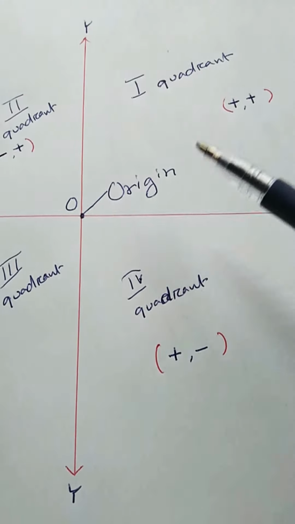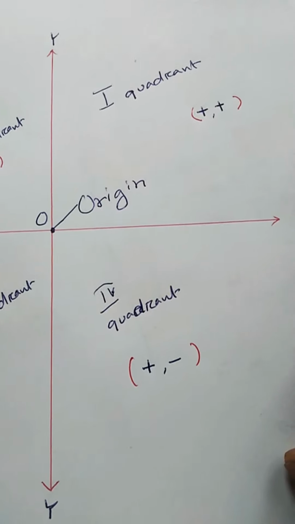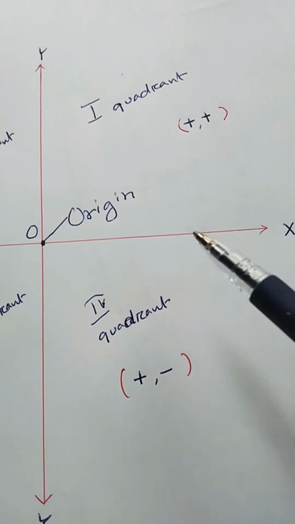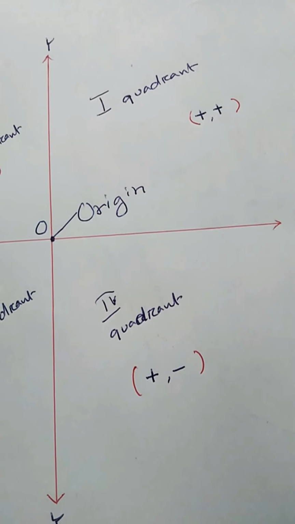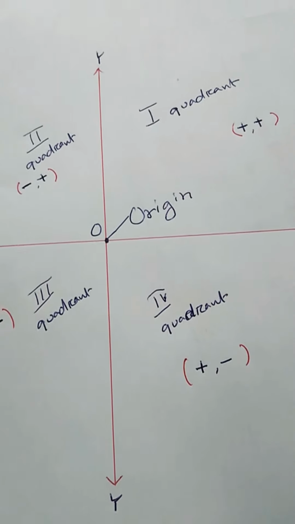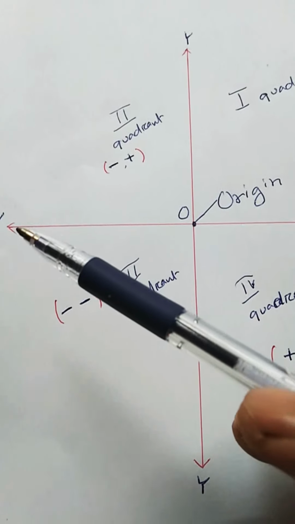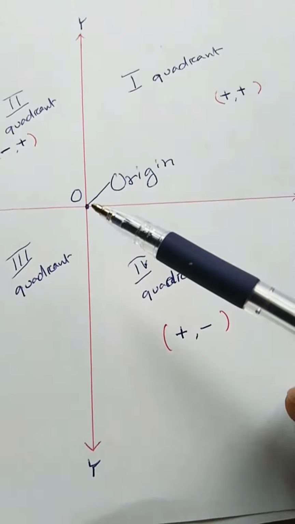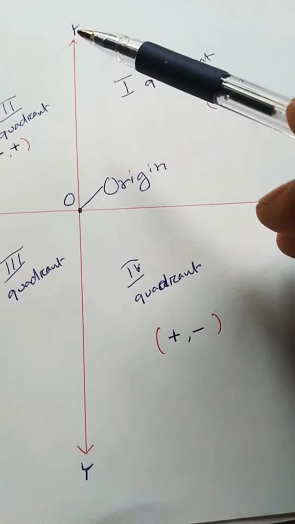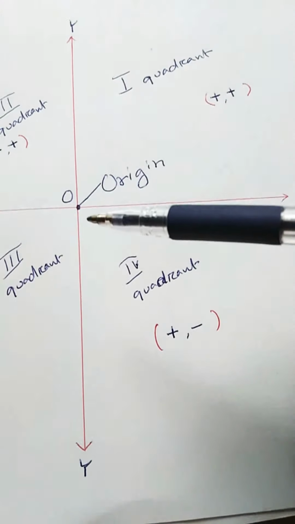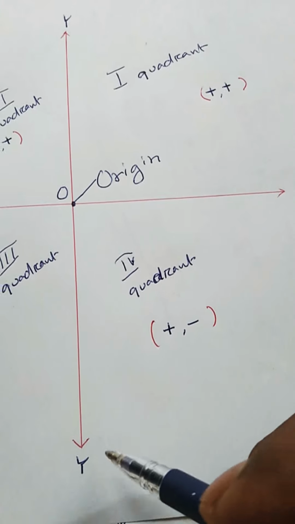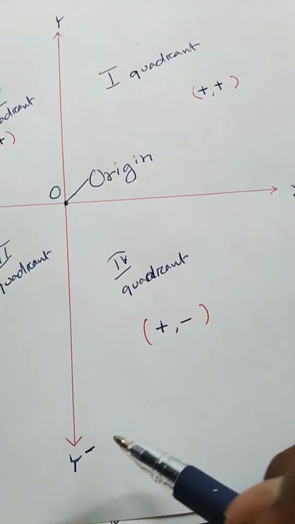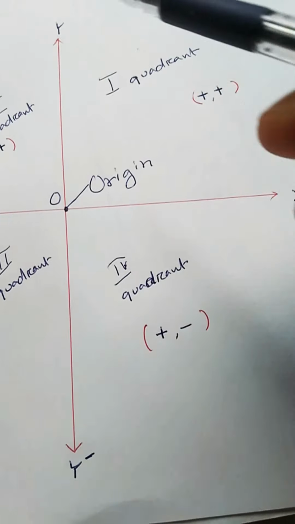One more thing we have to remember, that is x-axis right hand side, this is positive side, and left hand side here it is negative. Similarly for y-axis also, above this is positive part and below it is negative part. So negative part will mark like this and this is positive.